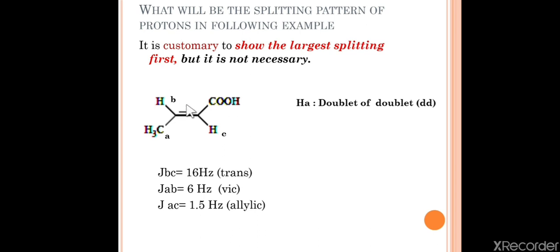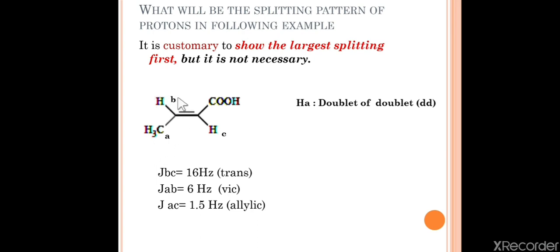Now tell me what will be the splitting pattern of HB. You can see that HB is splitting with HC as a doublet and HB is also splitting with HA as a quartet. Considering the coupling constant, BC is the largest coupling constant, so we need to consider that first.